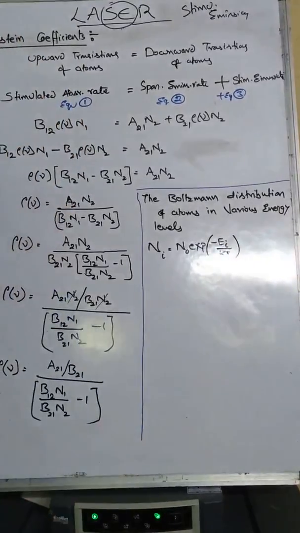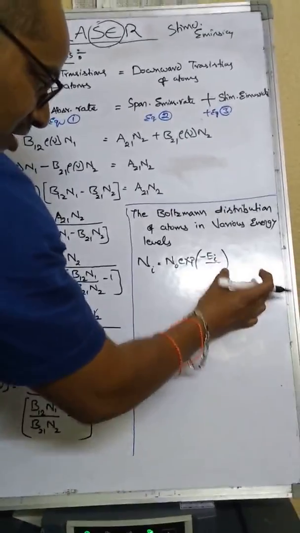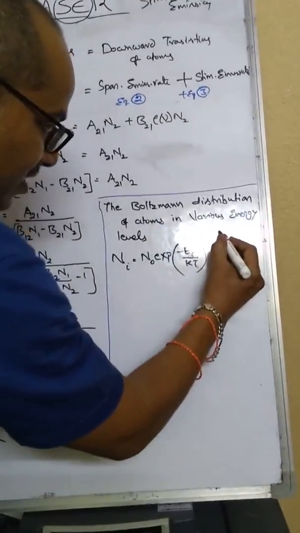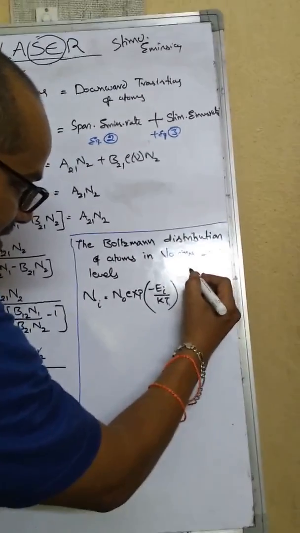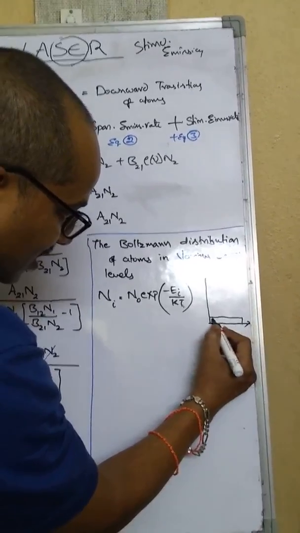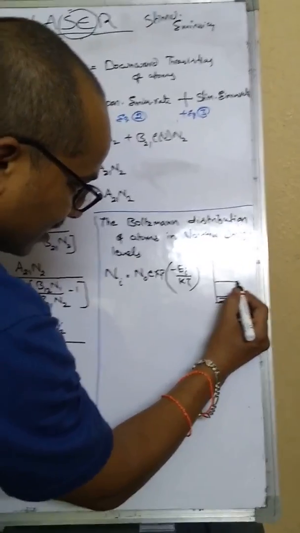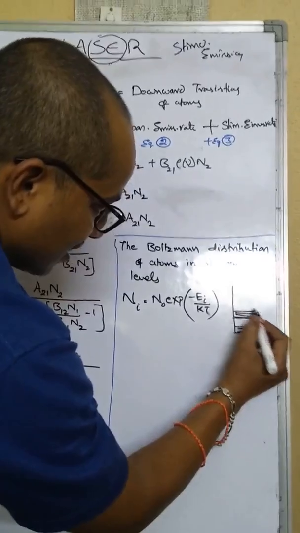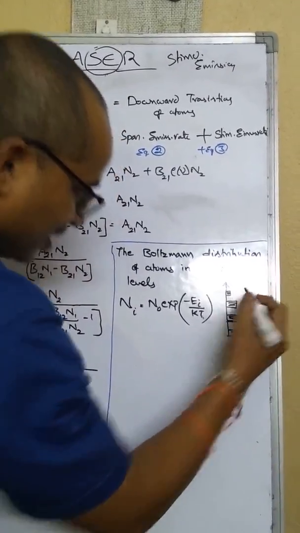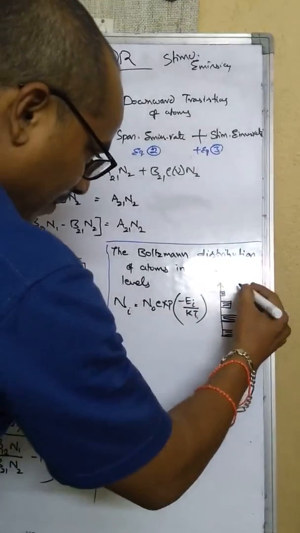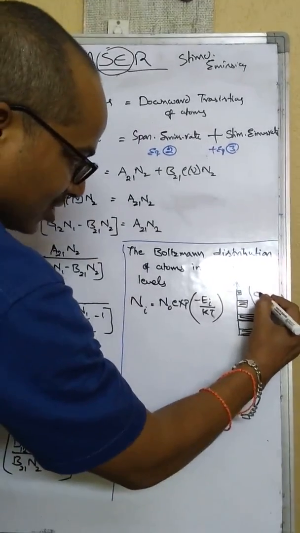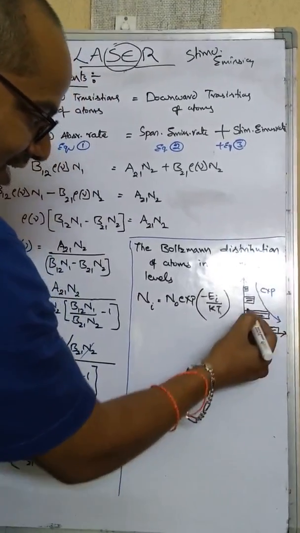This is the distribution of the atoms in various energy levels. You just refer to quantum mechanics, and if I refer to the diagram, you will recognize that the number of atoms will be large in the ground energy level, and as the energy level increases, the number of atoms gradually decreases. This is an exponential decrease of the atoms. So please refer to quantum mechanics unit 1.